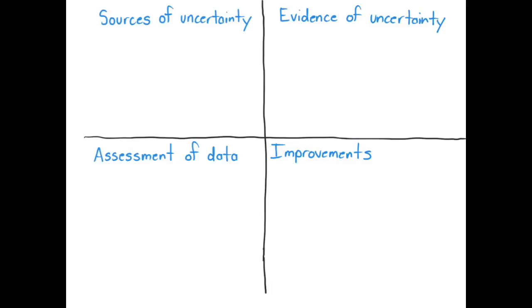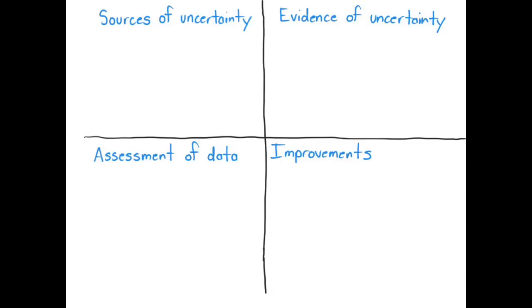So when we assess an evaluation in a practical investigation, I reckon there's four main things that we are looking for. We're looking for a description of the sources of uncertainty or error. I like the word uncertainty because error, I have a few problems with that word, but error is widely used and it's not completely wrong either. So the words uncertainty and error can sort of be used interchangeably.